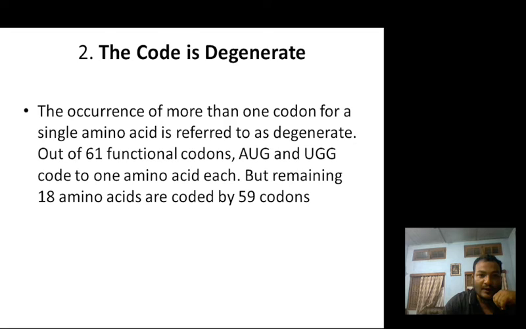So next, the code is degenerate. Now we know that in living organisms 20 amino acids are there, but one codon can specify only one amino acid. When we look at this, we found that a single amino acid may be coded by more than one codon.